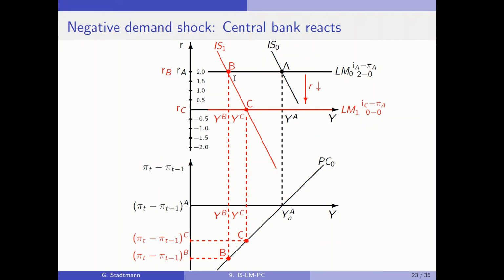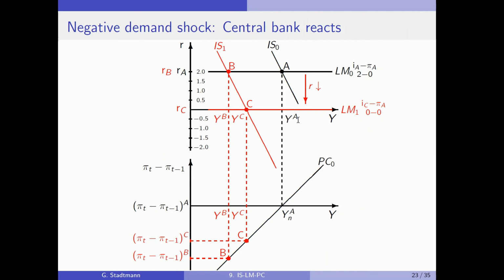So at least to some extent the economy is going out of recession and the GDP is increasing to the level YC. But this is not sufficient. The central bank was cutting the interest rates, but the economy has not reached the natural level of output.